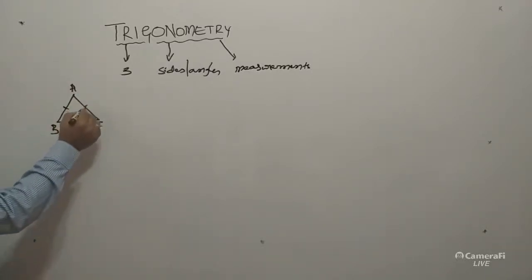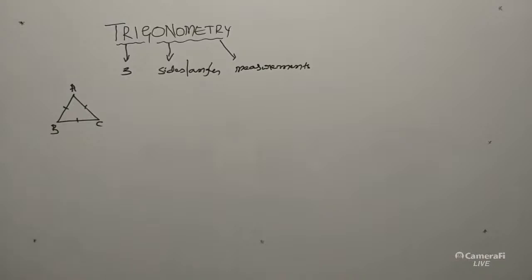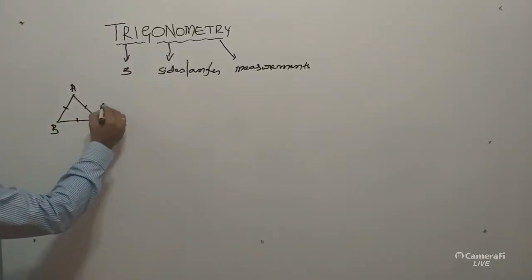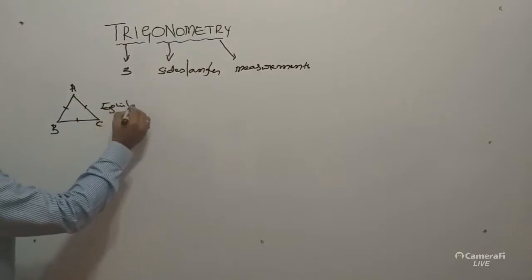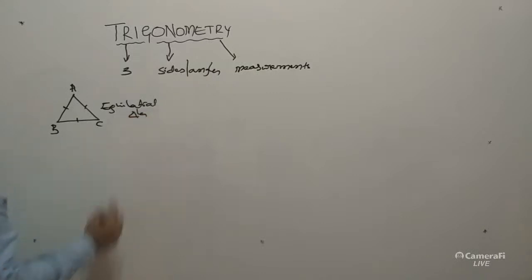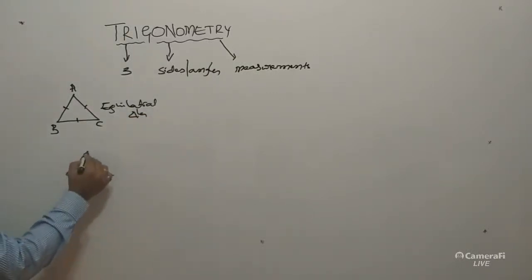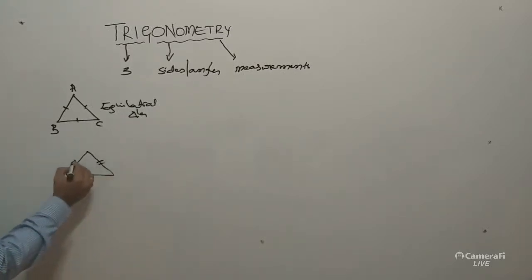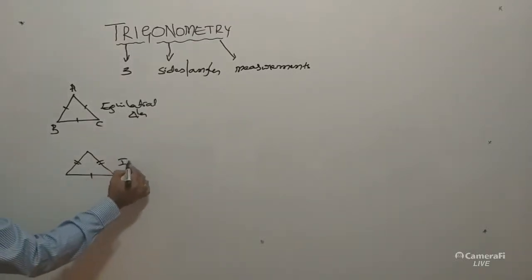If I mark here, if all the sides are equal, then you can say that it is an equilateral triangle. If at least two sides are the same and one is different, it is an isosceles triangle.